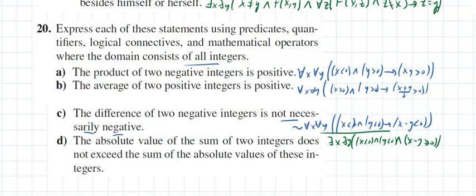So that's also the not necessary part. There are some numbers that are both negative and the difference is positive or zero.